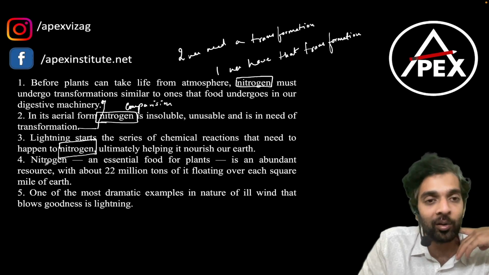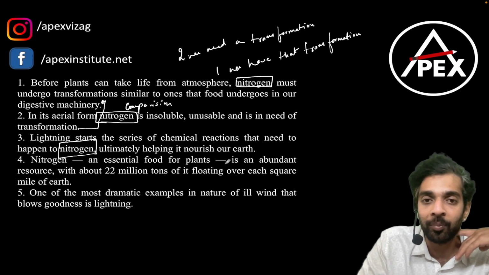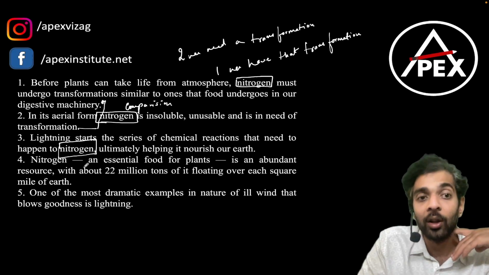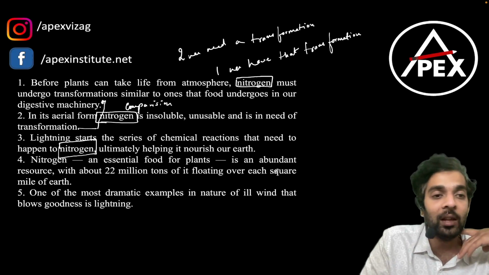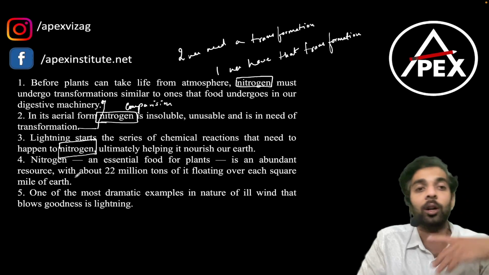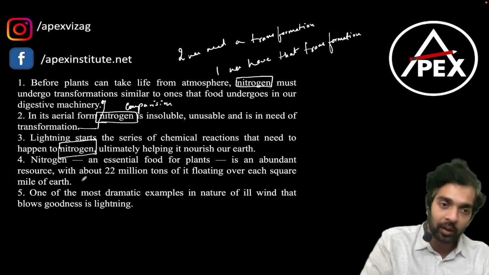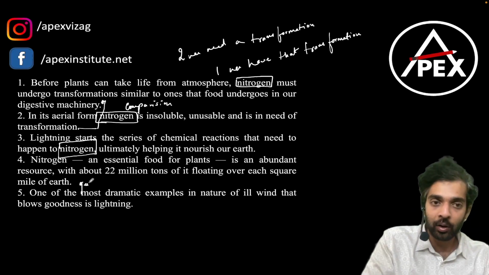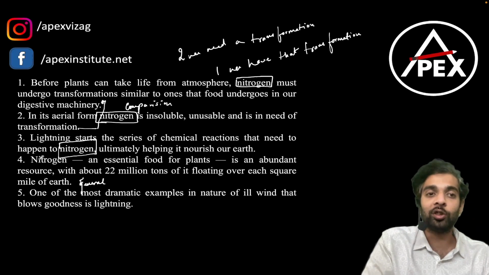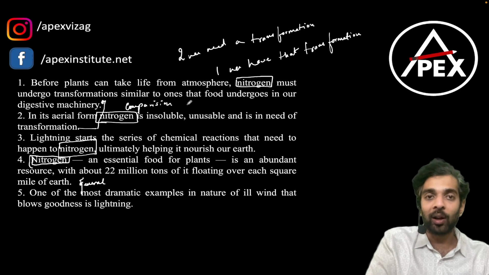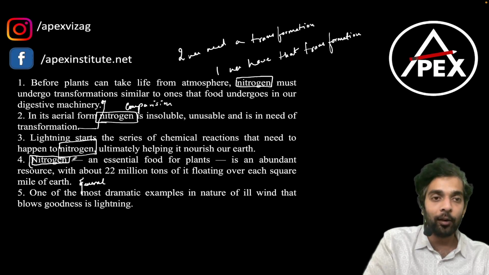Here again, nitrogen, an essential food for plants, is an abundant resource with about 22 million tons of it floating over each square mile of earth. Wow, this looks very general. Okay, but we don't know if this really is the most general thing or not. Okay, so let's read up. But so far as nitrogen is considered as a hero, this looks very general.